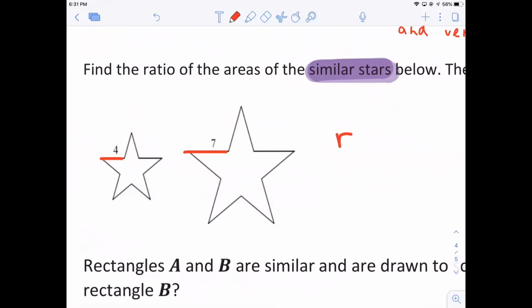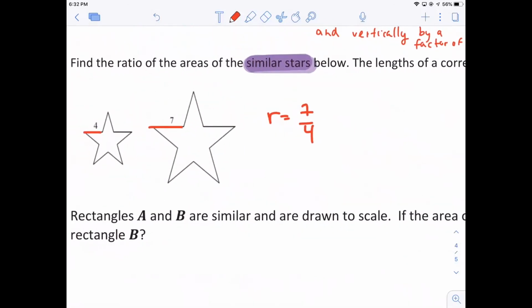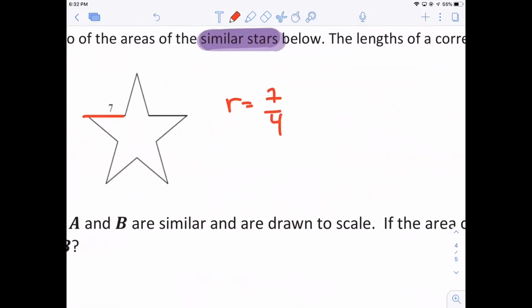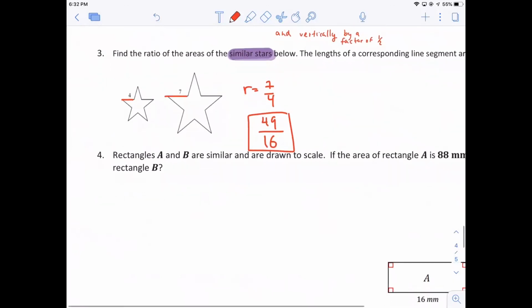So the R value is 7/4, which means the ratio of the areas is going to be 49/16, right? Just R squared. And again, I know that because they're similar, so I'm scaling in all directions by the same amount.